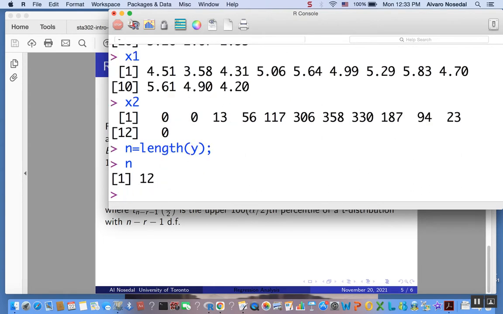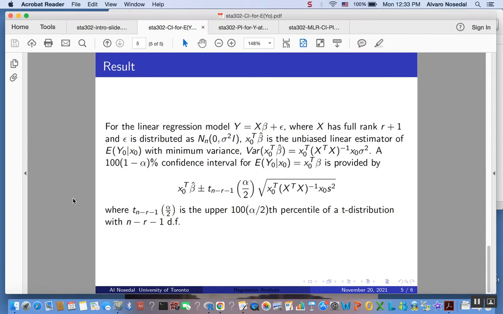So in this case we have 12. Good. Now what I'm going to be doing is trying to implement that formula using matrix algebra. Okay, so as you can see, we need the design matrix X here in our formula.